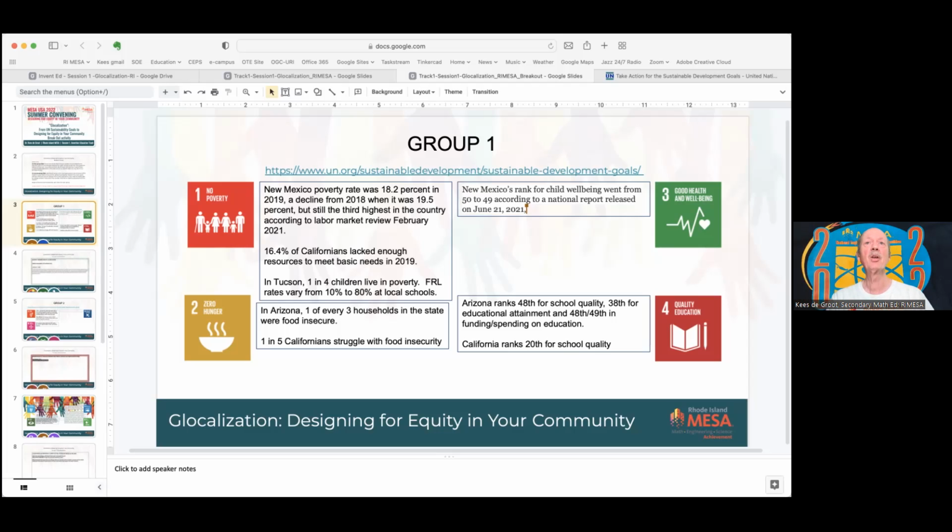But it is a very good process to go through, within your state and within your community, to think about these things. So who's going to report out for group one? Just really briefly, identify the main things you spoke about and found.